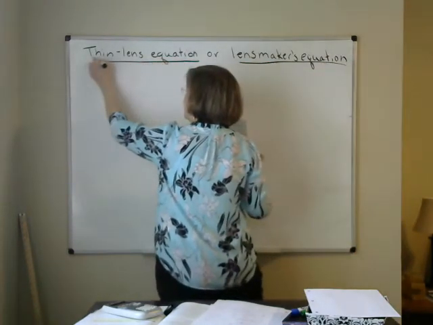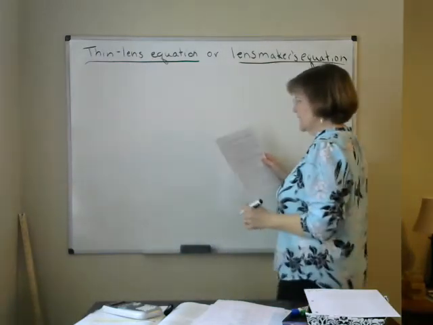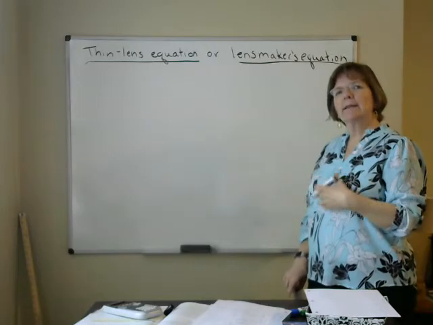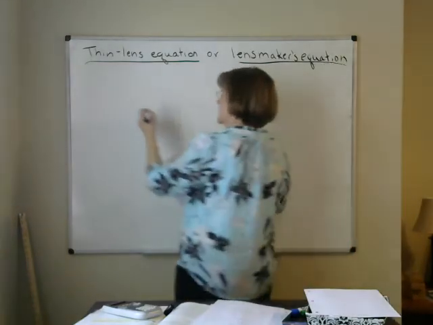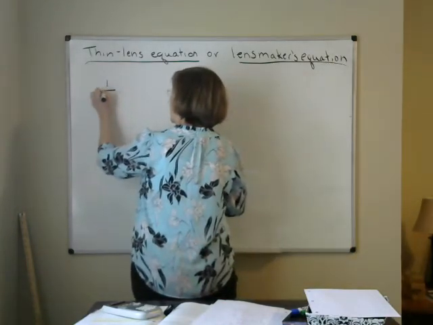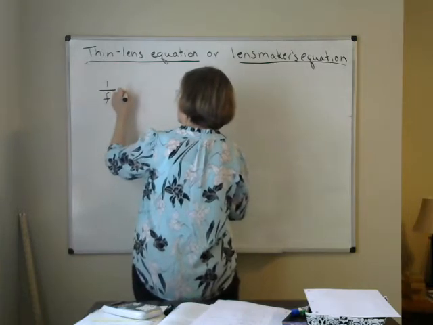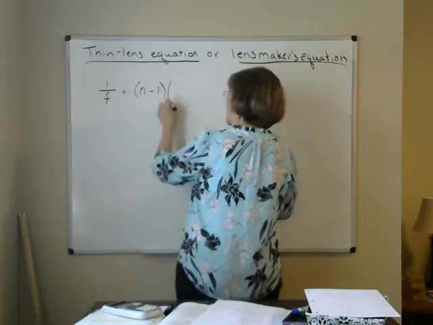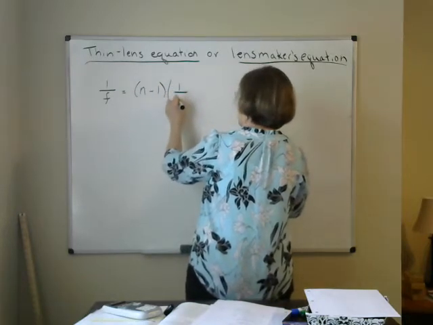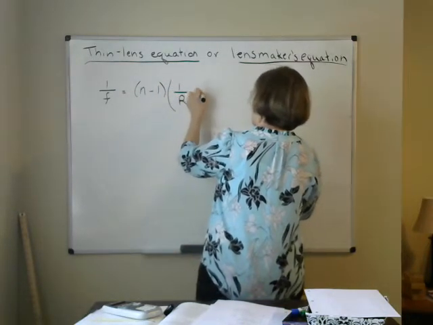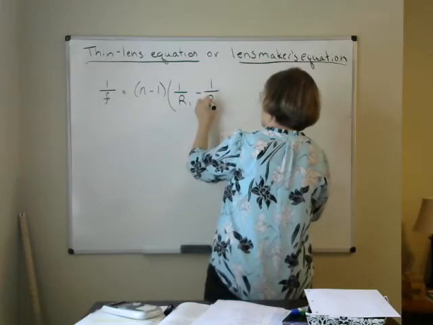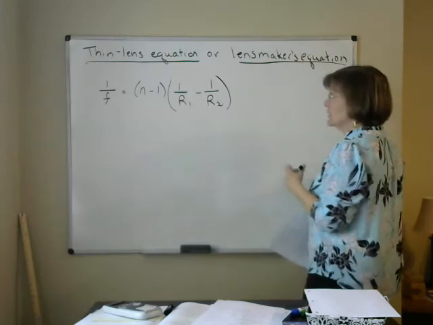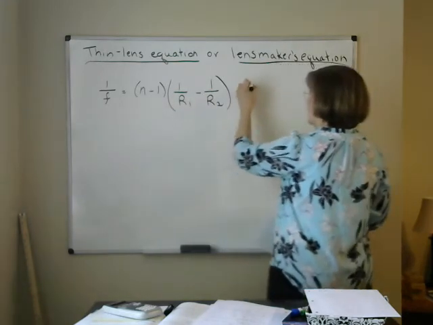Your textbook uses this one first and then uses the other one. But it's used to determine the focal length of a thin lens. And it says that 1 over the focal length is equal to n minus 1 times 1 over R1 minus 1 over R2. Okay? We of course know that f is the focal length.